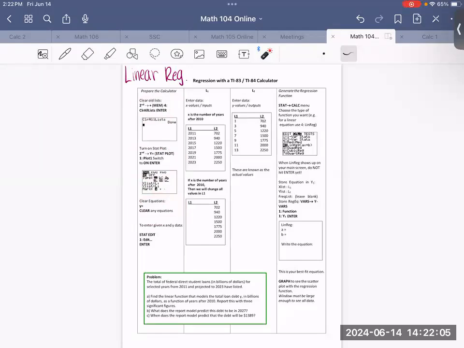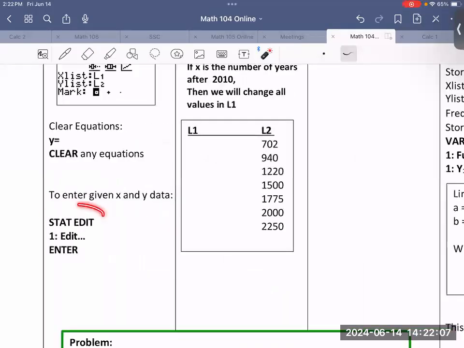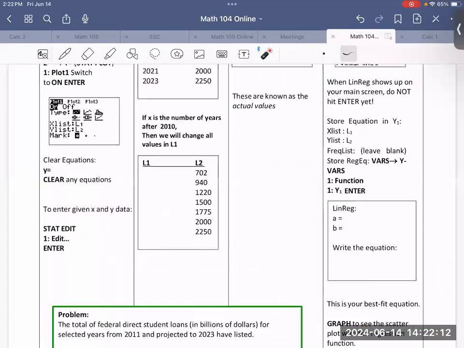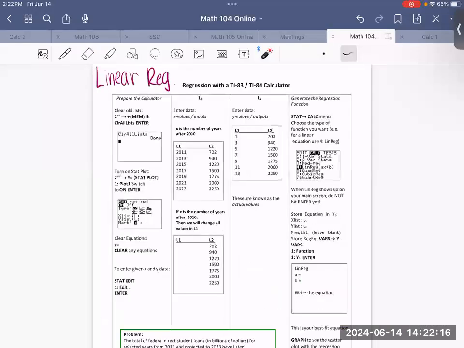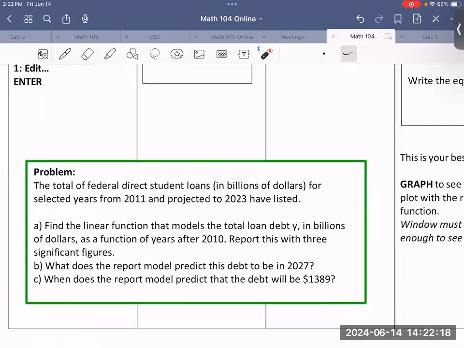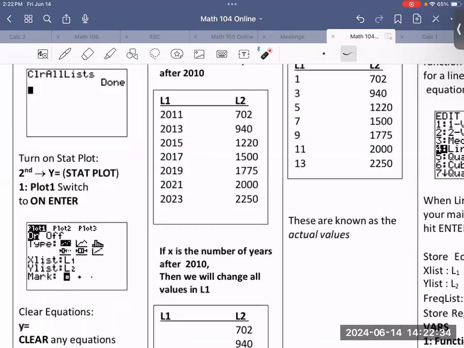So let's go ahead and hit stat, edit. We're going to enter in the given data. Actually, I should back up, we have a problem to go through. This says the total of federal direct student loans in billions of dollars for the selected years from 2011 and projected to 2023 have been listed.